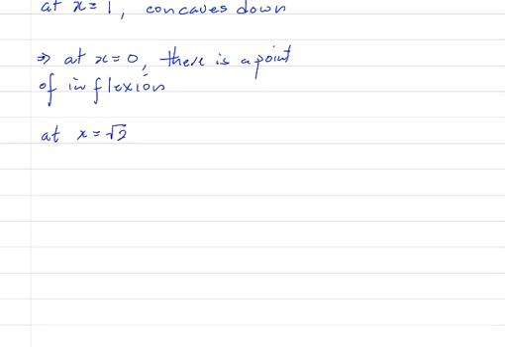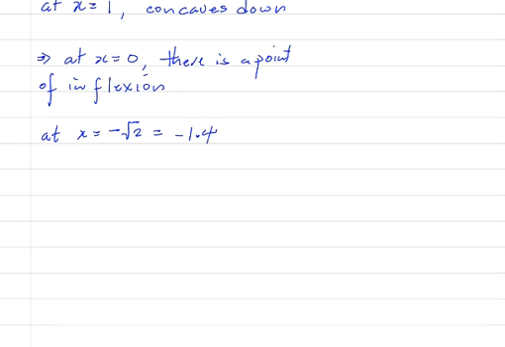Let's try minus the root of 2 first. Now minus the root of 2, let's get the approximate value of that. So the root of 2 is approximately 1.4, so this is minus 1.4.